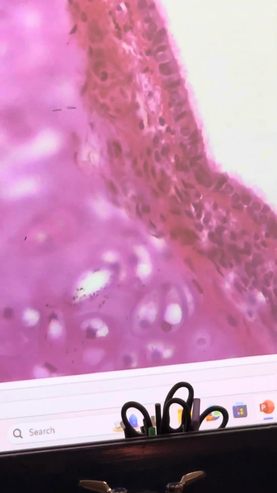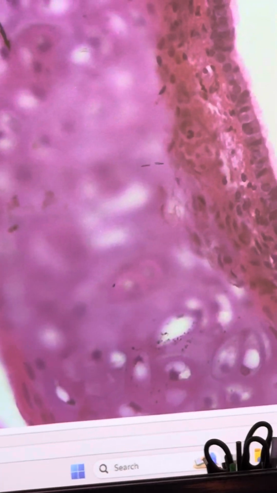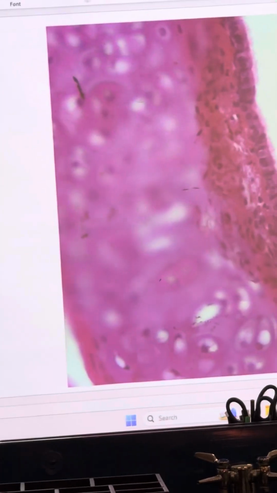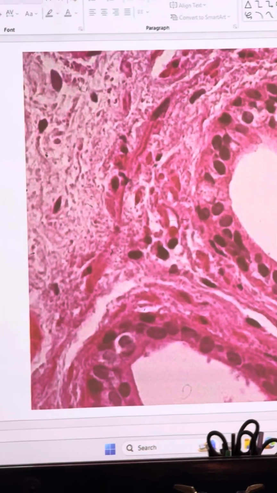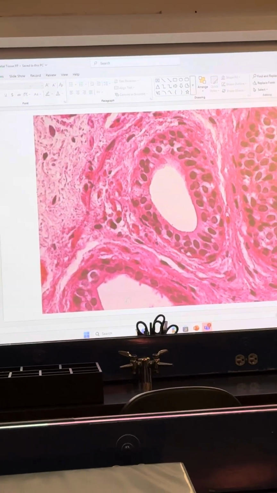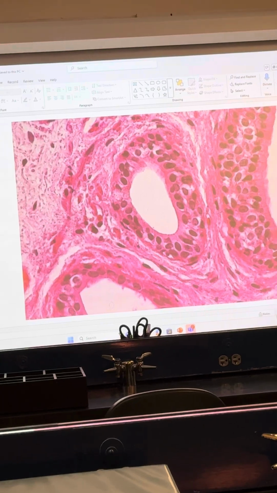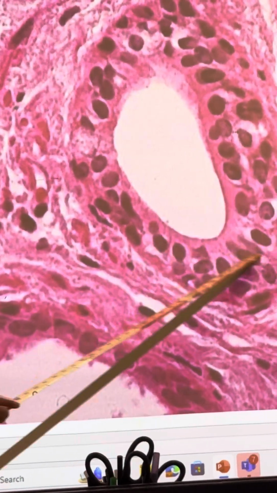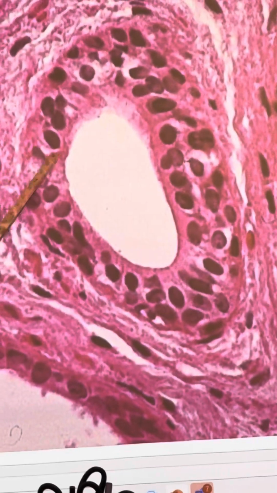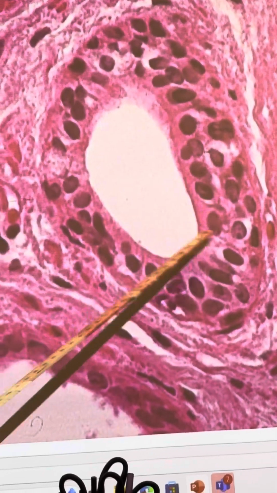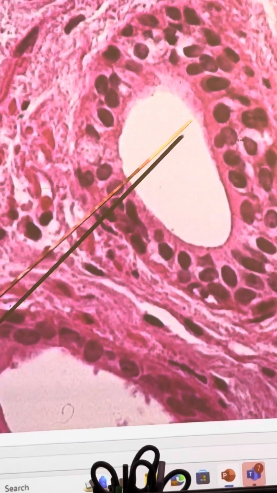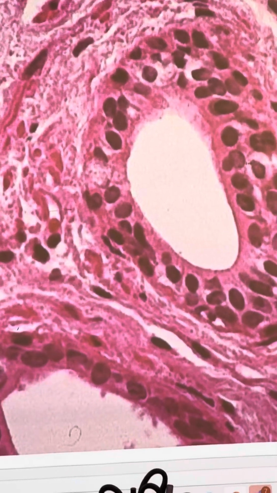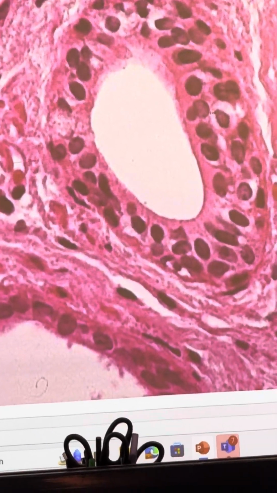Okay, let's go to, I don't know if you guys do this one, but anybody know what you'd be looking at here? Is it stratified or simple? It is a stratified. What shape are the cells here? This is a stratified cuboidal epithelial tissue.